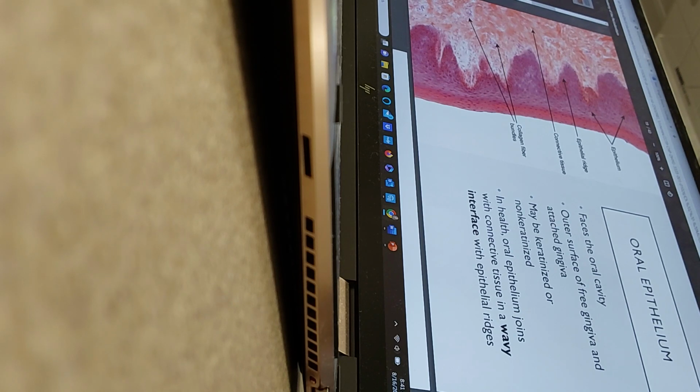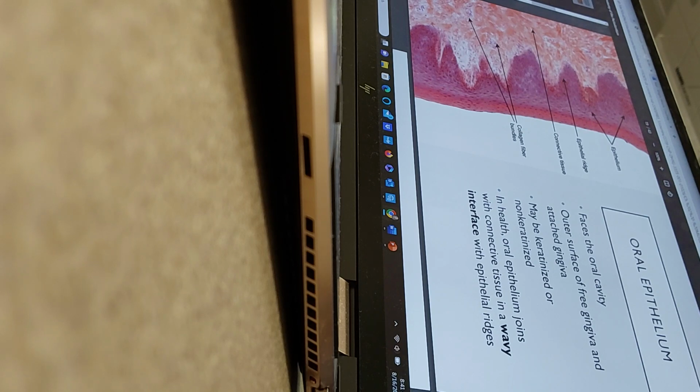There's probably some para-keratinized tissues in between here that are going from keratinization to non-keratinization. Okay, in health, oral epithelium joins the connective tissue in a wavy interface. Okay, does this help? Is this making sense to you guys? It's a lot. Okay.